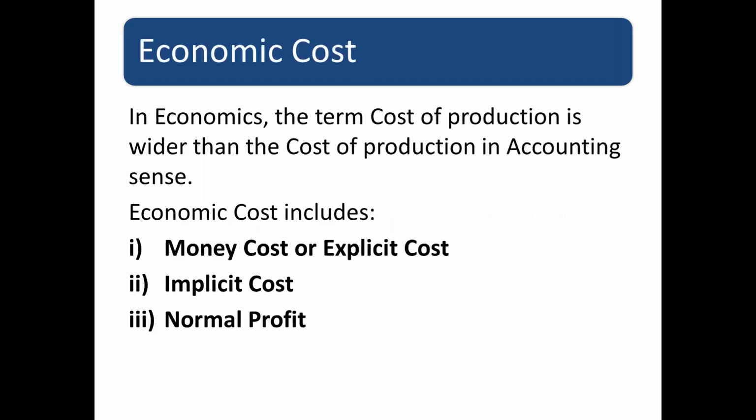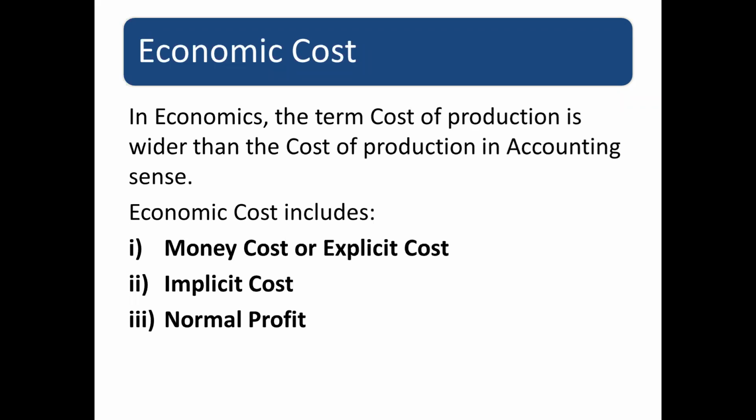And implicit cost is for those factors which are owned by the producer. For example, a producer may be using his own building. It means he's not paying rent. A producer may be spending his own money. It means he's not paying interest. A producer may be working as a manager or as a managing director. He's not paying to himself.